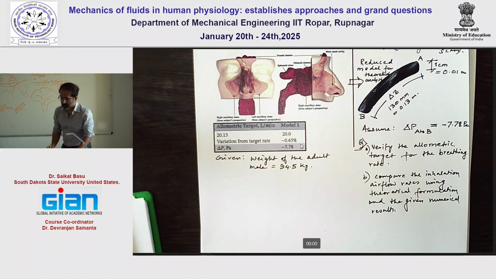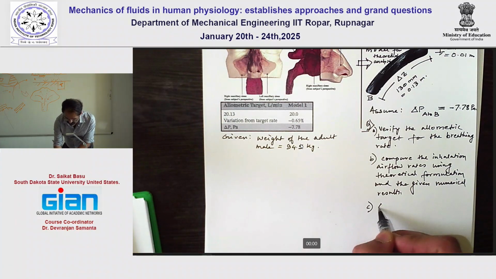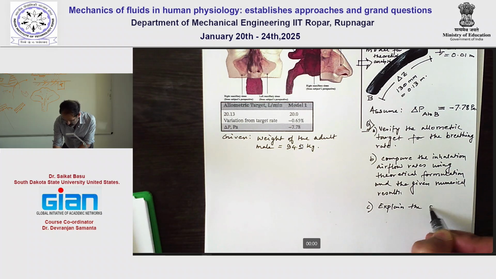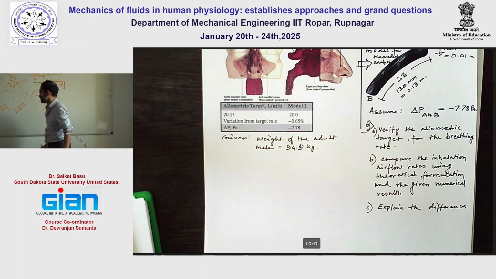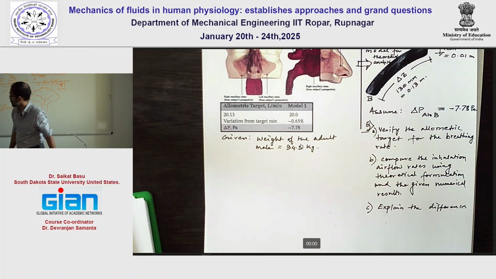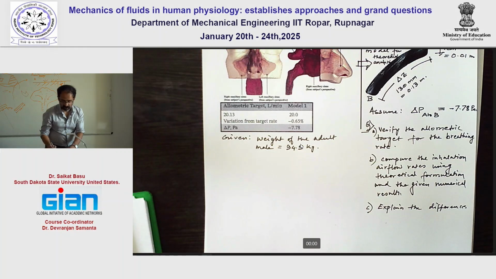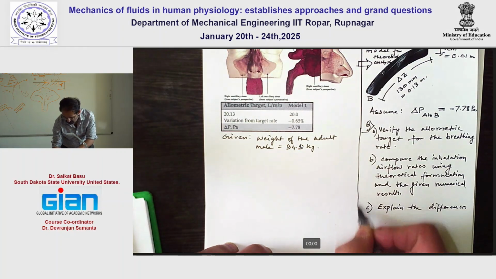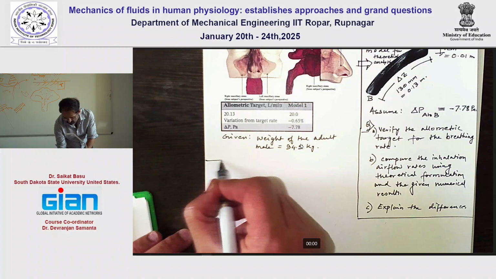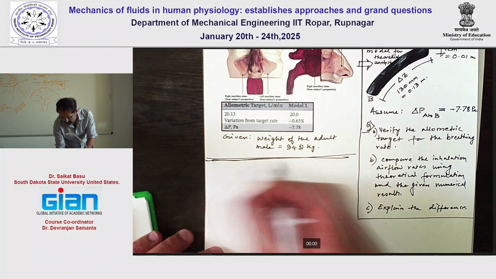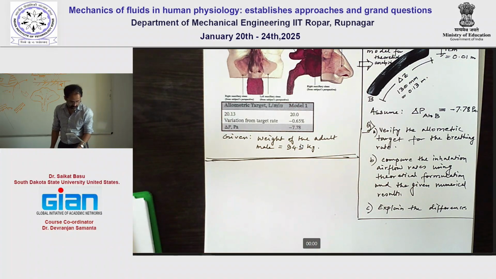And the third part on the lecture notes is explain the difference. By now we know why there should be differences, because the pipe streamline flow is missing all the details of the flow features that are formed in the form of the secondary flow patterns. But let's do part B, which is figure out the inhalation flow rate for the idealized model.